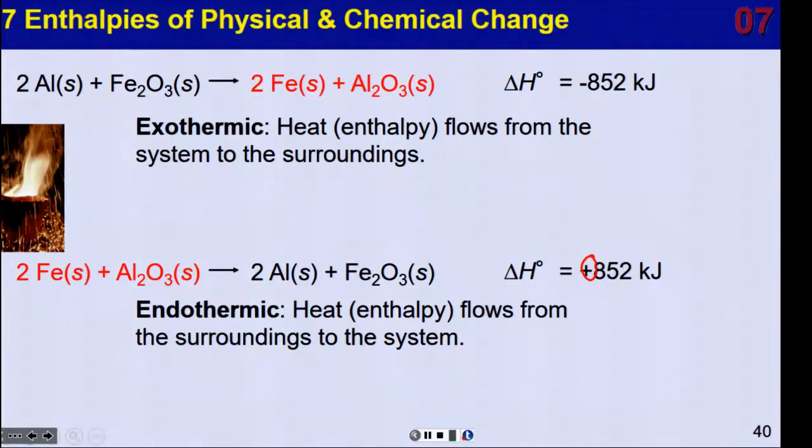Heat would have to flow from the surroundings to the system. You would have a positive enthalpy change to run the reverse reaction. Notice that you're turning iron and aluminum oxide now into aluminum and iron oxide. So the reverse of the first process has the opposite sign for its enthalpy change.